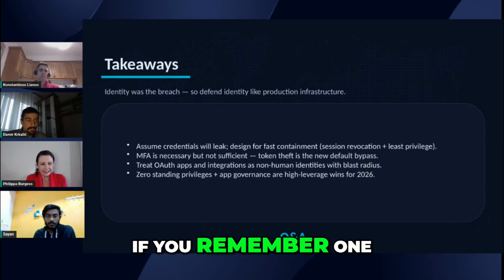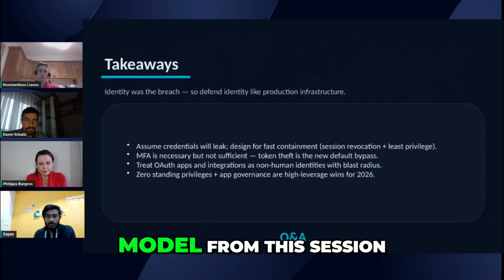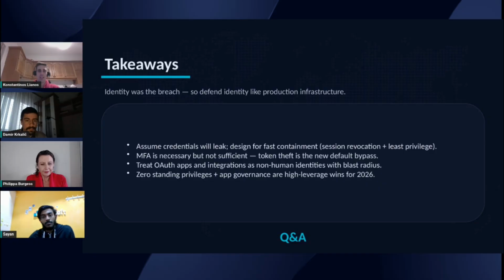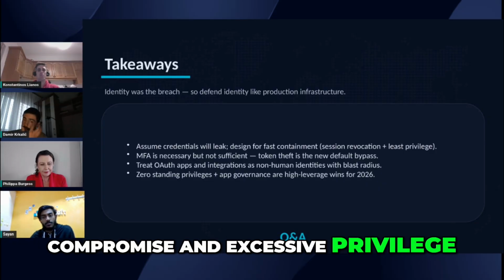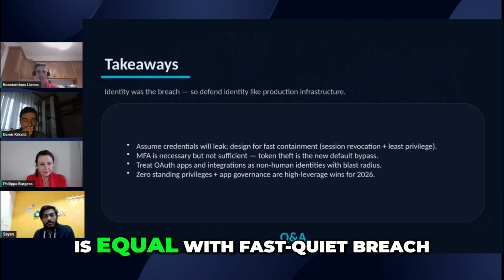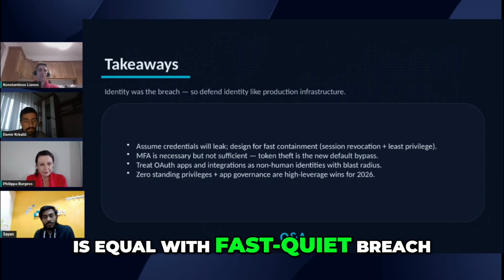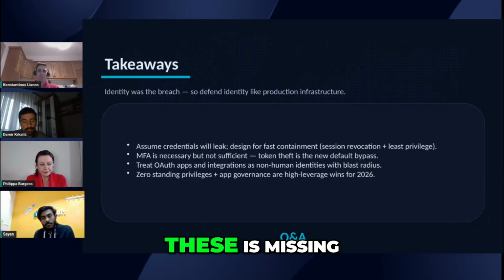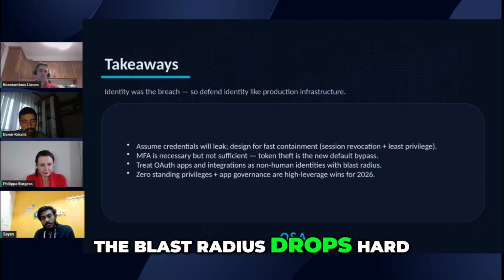So if you remember one model from this session: identity compromise plus excessive privilege plus weak visibility equals a fast, quiet breach. If any one of these is missing, the blast radius drops hard.